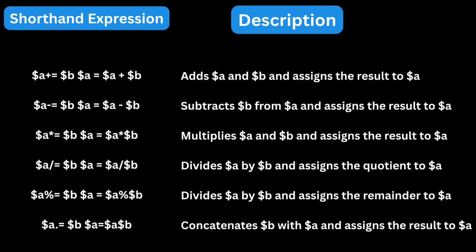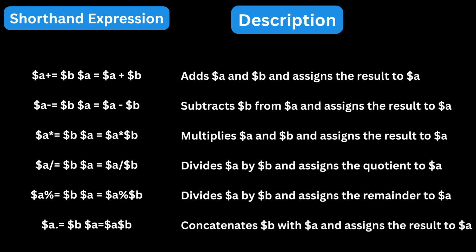This is useful, for example, when decreasing a balance, reducing stock, or counting down in a loop. The operator $a *= $b means multiply $a by $b and assign the product to $a, which is equivalent to $a = $a * $b. This is commonly used when scaling values, such as increasing a price by a factor or calculating compound amounts. Similarly, $a /= $b stands for $a = $a / $b.